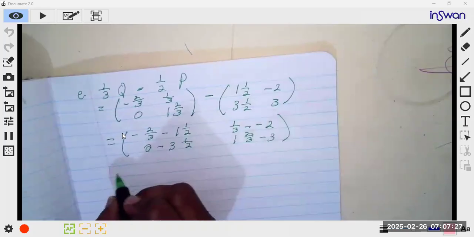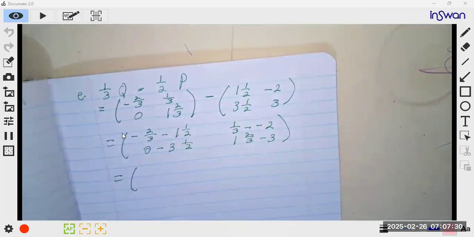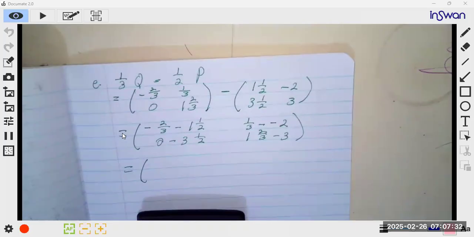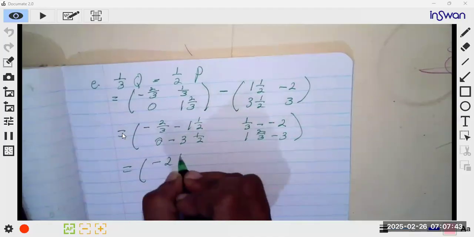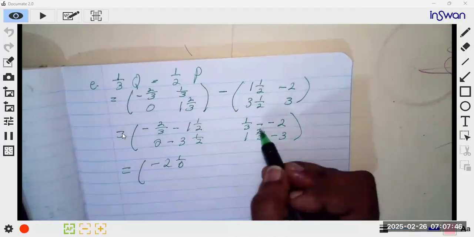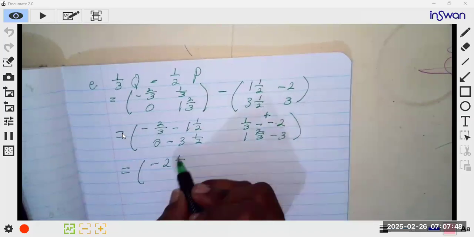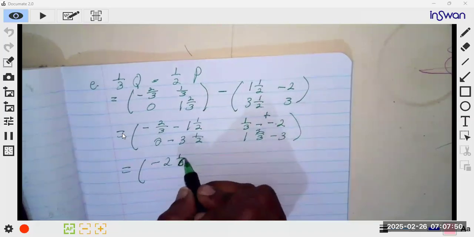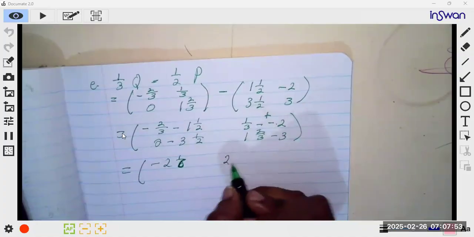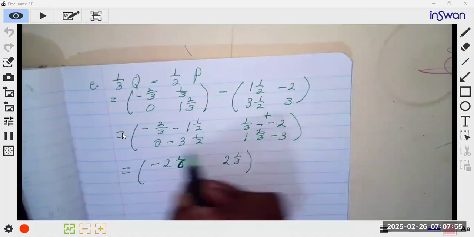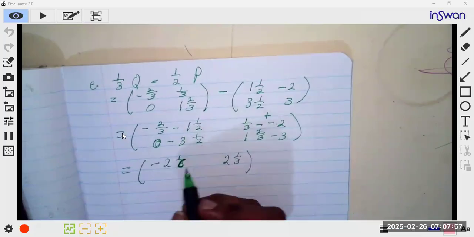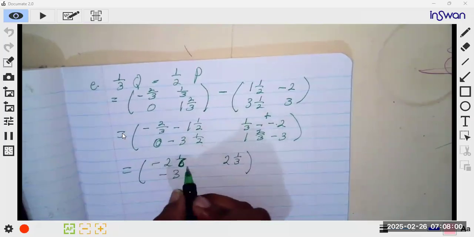So this will be minus 2/3 minus 1.5. That's equal to minus 2 and 1/6. Negative and negative is a positive. So this will be 2 1/3. 0 take away 3.5 will be minus 3.5.